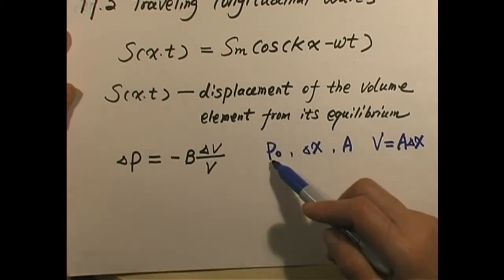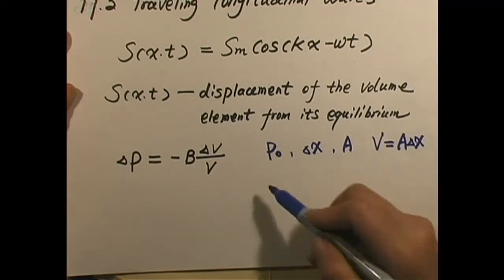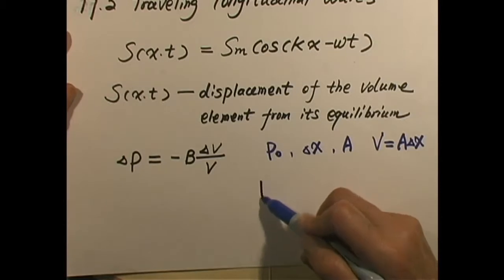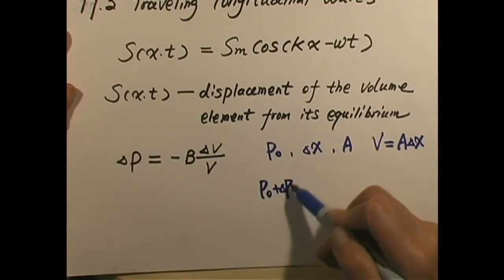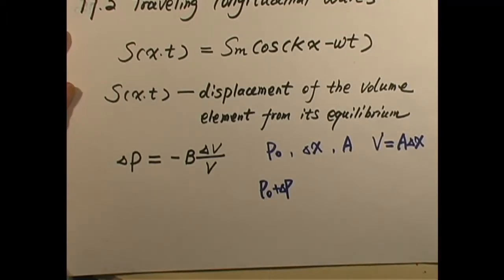And this is at the regular pressure zone. At any other place, let's say a compression zone, the pressure is P_0 plus delta P. That is the change of the pressure, for example.